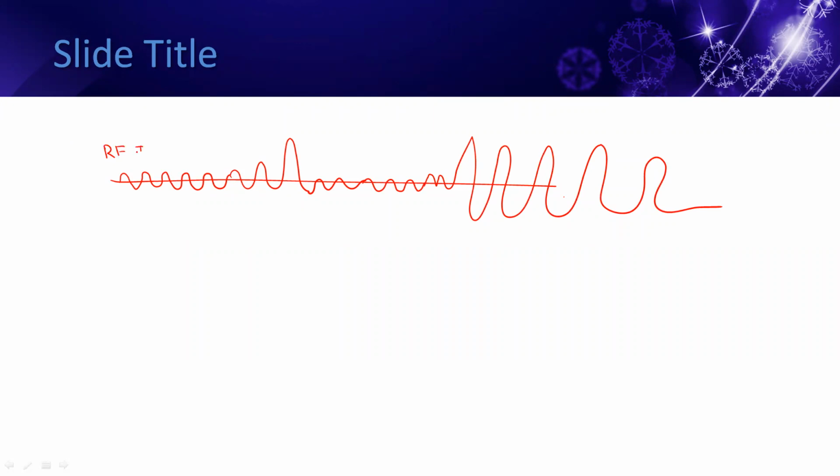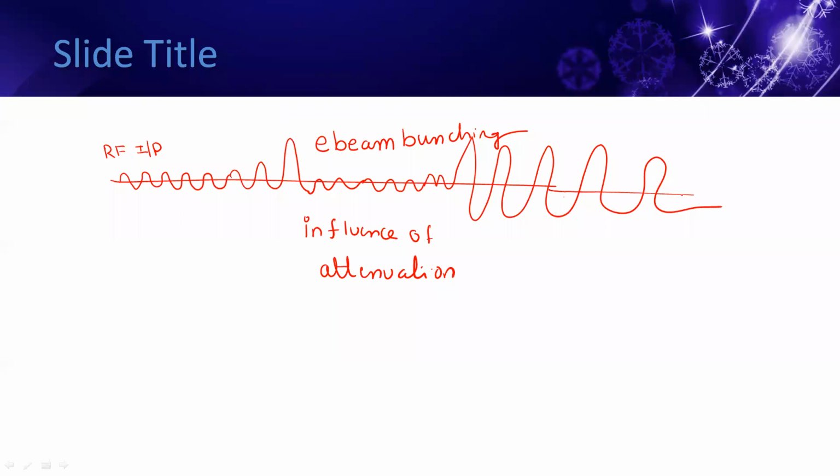So this is the RF input, this is the electron beam bunching, and this is the influence of attenuation. The status here is the RF induced into the helix.